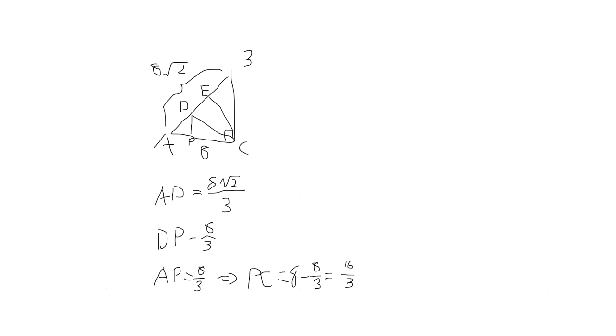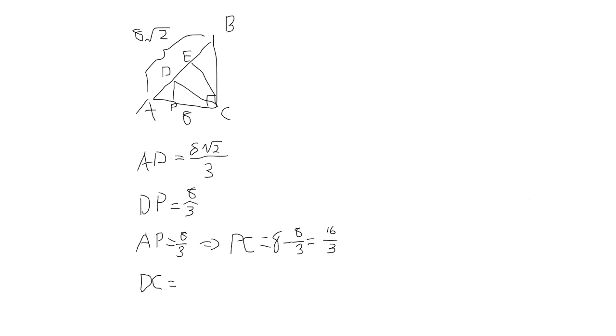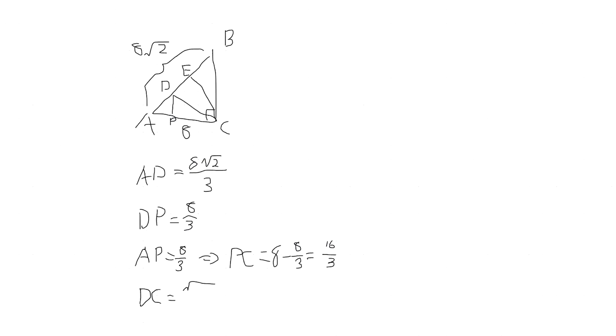From there, I used the Pythagorean theorem to figure out that DC was equal to... since DP equals 8 over 3 and PC equals 16 over 3, I squared DP and used the Pythagorean theorem to get that DC equals root 320 over 3.